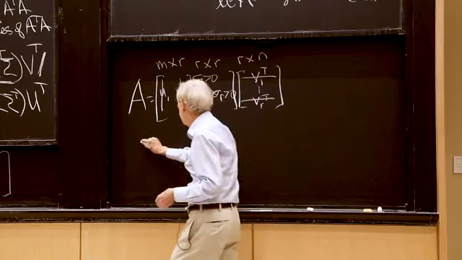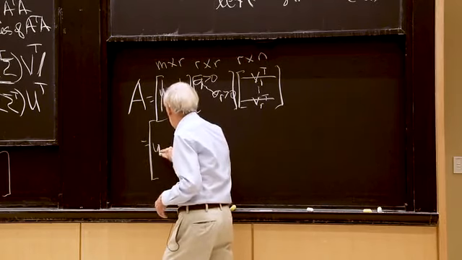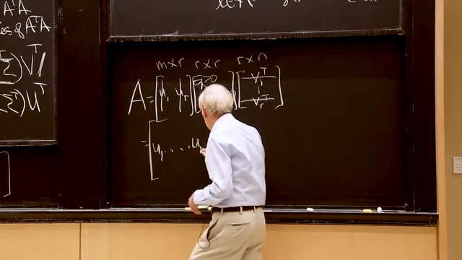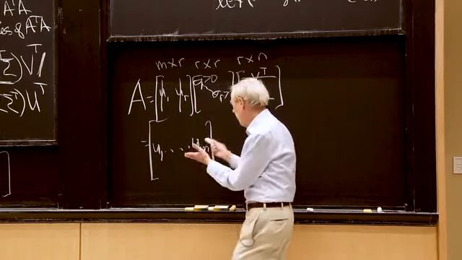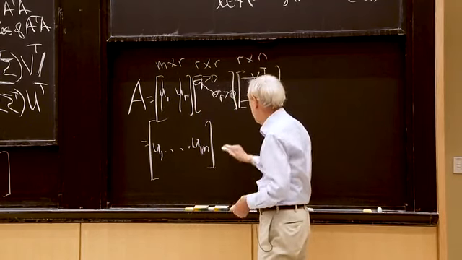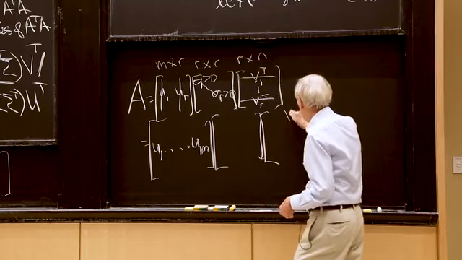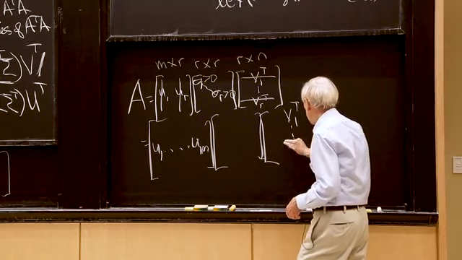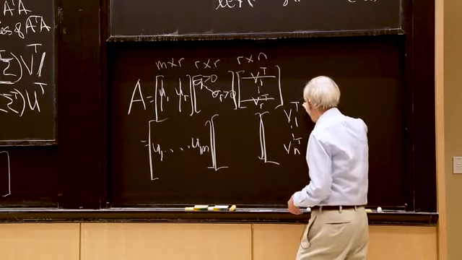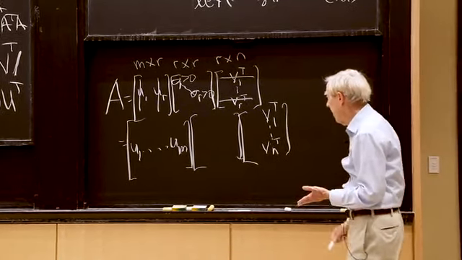Then the other one, we could fill out to get a square orthogonal matrix, the sigmas, and square V's, V1 transpose to Vn transpose. So what are the shapes now?